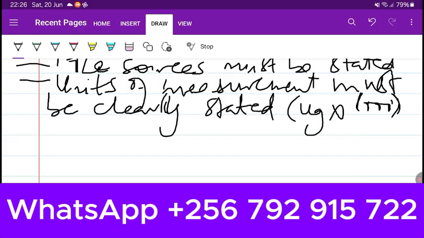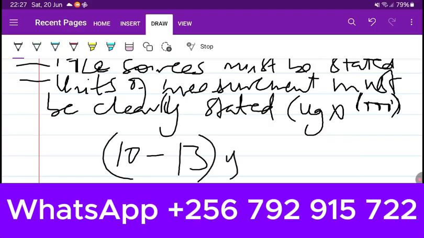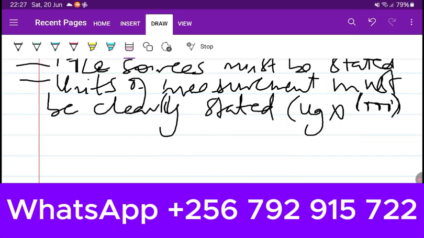They always indicate the unit of measurement for the data they have collected. If they are ages, they always put years, even if they say maybe from 10 to 13, they put it in a bracket and say years, to indicate that the unit of measurement for that data was years.